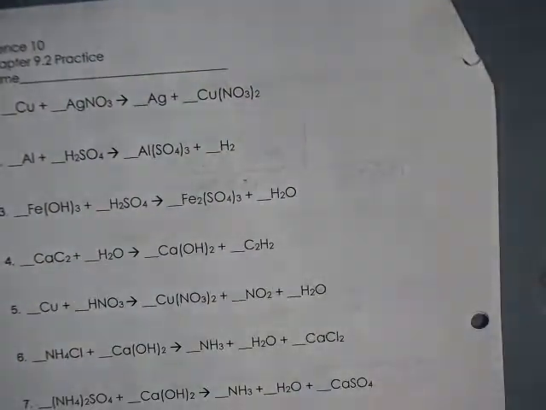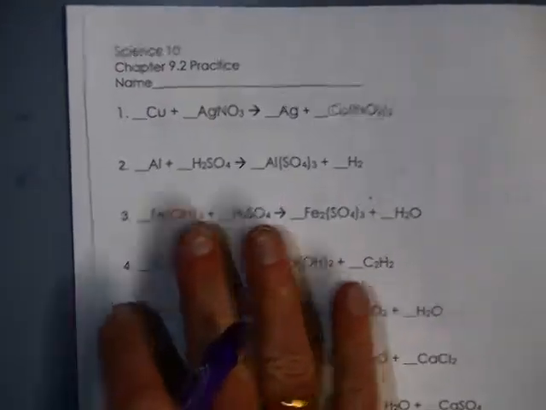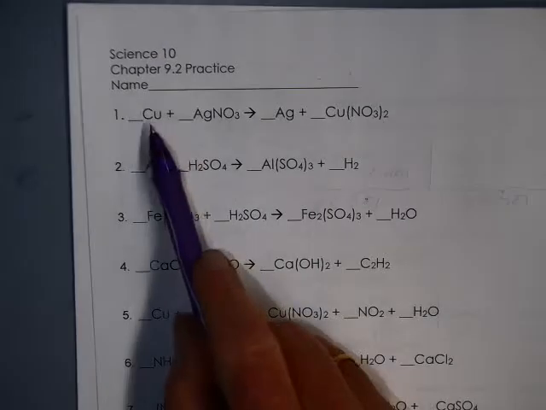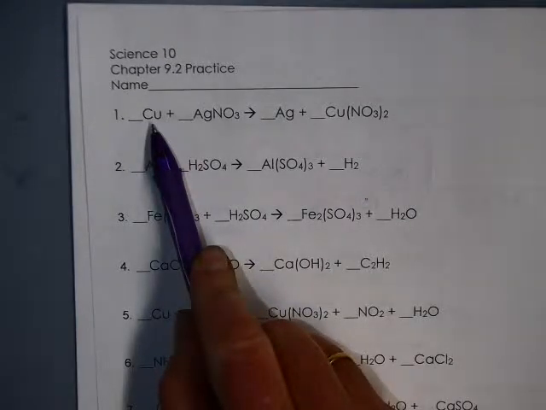So you have this beside you on one side, and then you have this in front of you on the other side. So here are the rules. Number 1, write the symbols and formulas to represent reactants and products. Well, thankfully, they've done that for us. And then the second rule is you generally start with the first atom on the left, which is going to be copper.